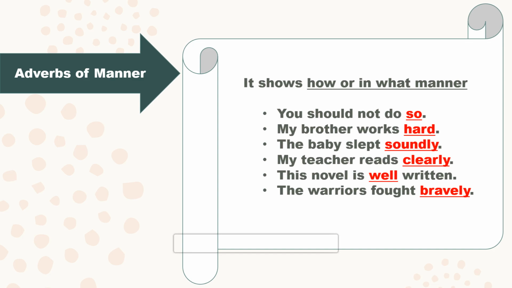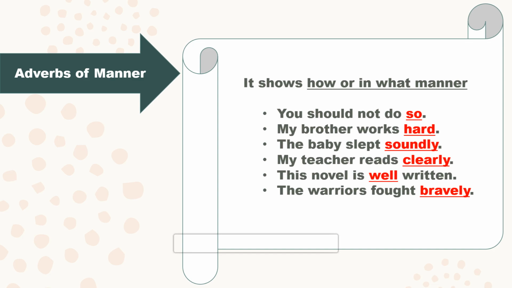The baby slept soundly. How did the baby sleep? In which manner did the baby sleep? So the baby slept soundly. My teacher reads clearly. In what manner does my teacher read? So my teacher reads clearly. This novel is well written. How is this novel written?